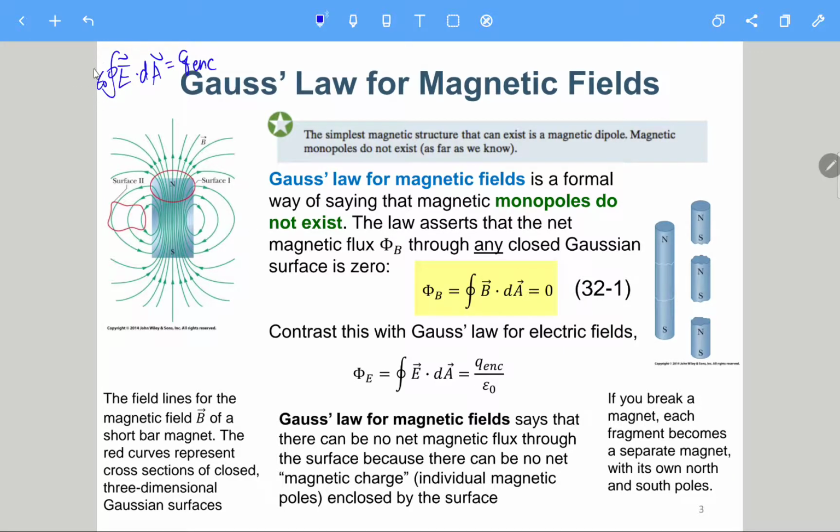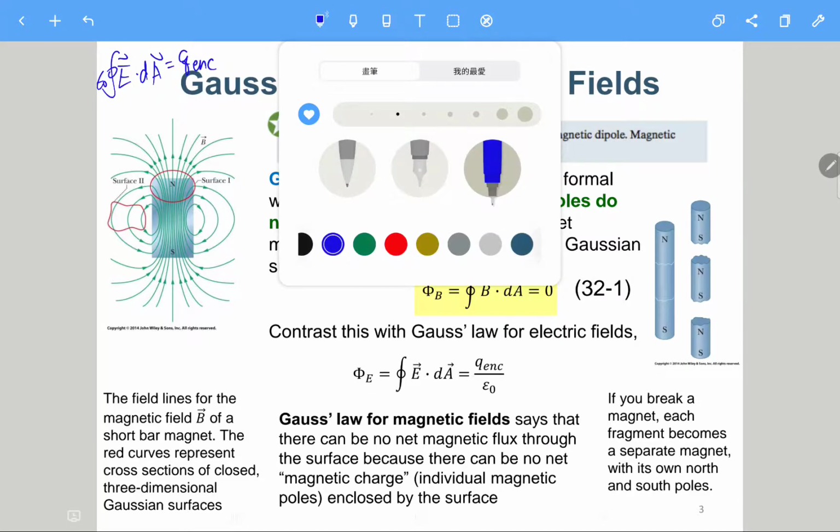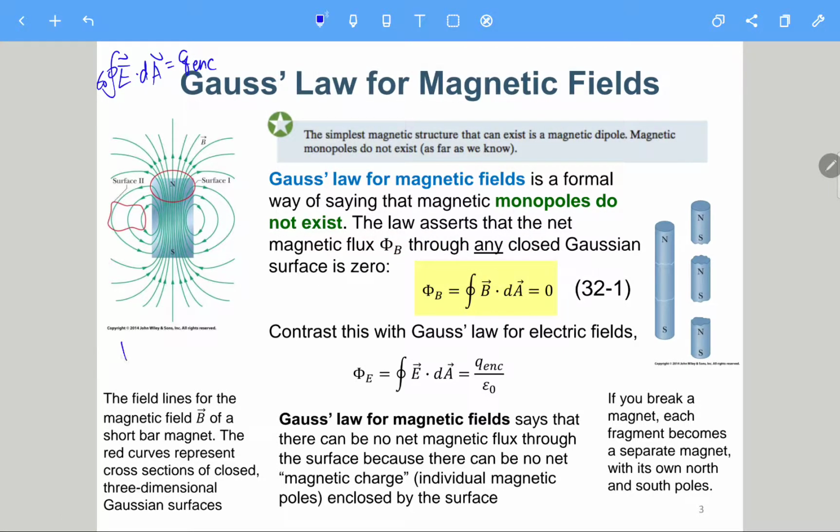At that time I mentioned that if you have an equation with epsilon naught E, you can always change epsilon naught to 1 over mu naught, and then B dot dA equals 0, because we don't have charge. But actually, since the right hand side is 0, we can just multiply mu naught on both sides.